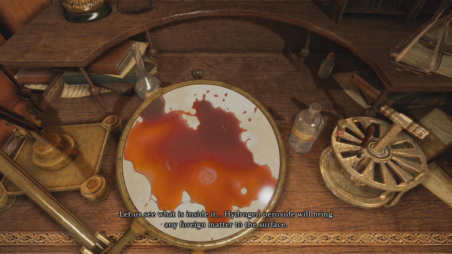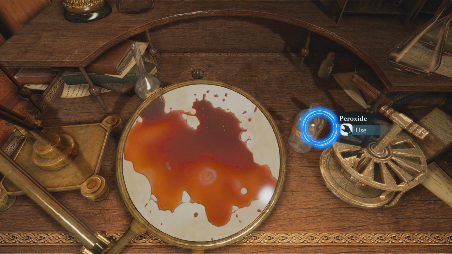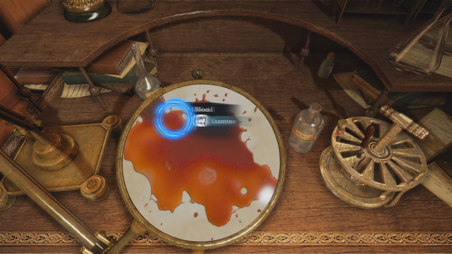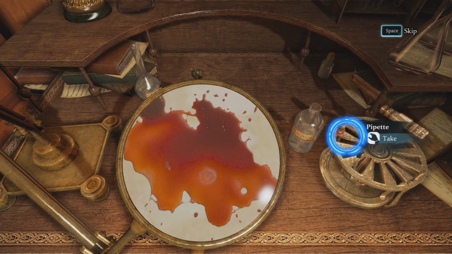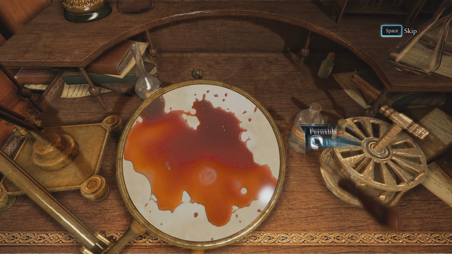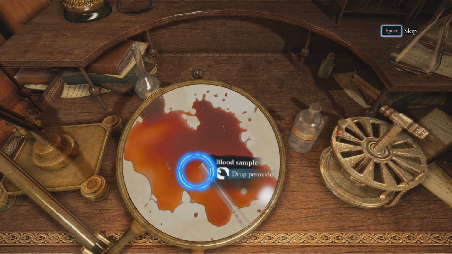Hydrogen peroxide will bring any foreign matter to the surface. I must take a pipette and place several drops of hydrogen peroxide. Pipette. Okay. Alright.